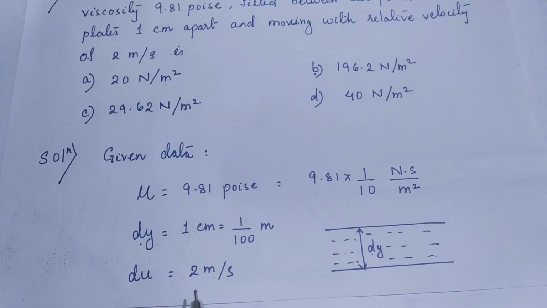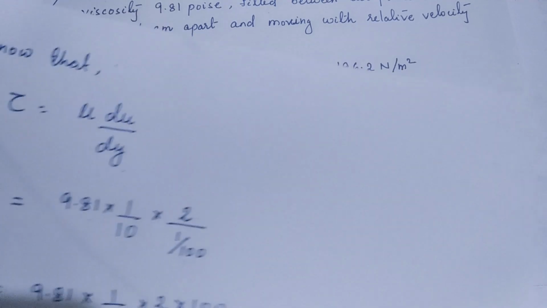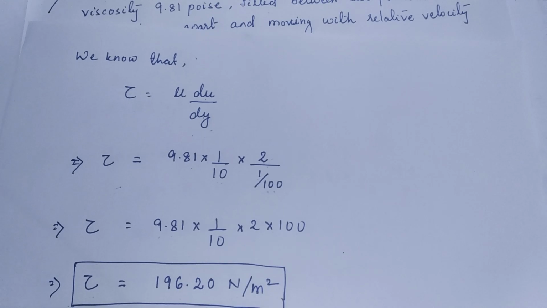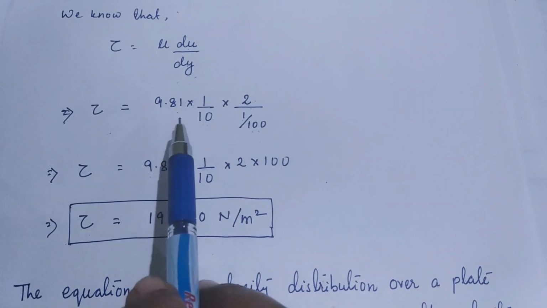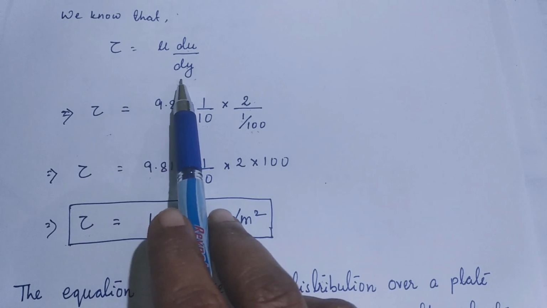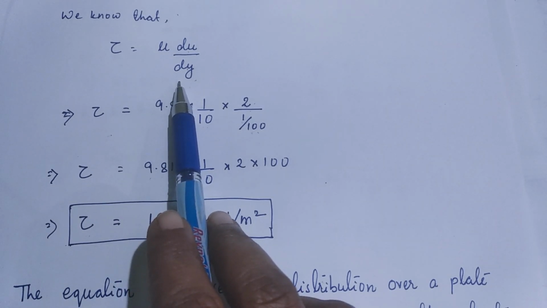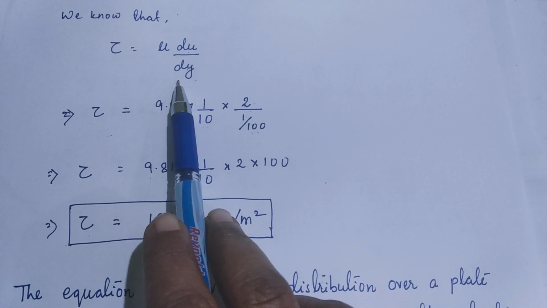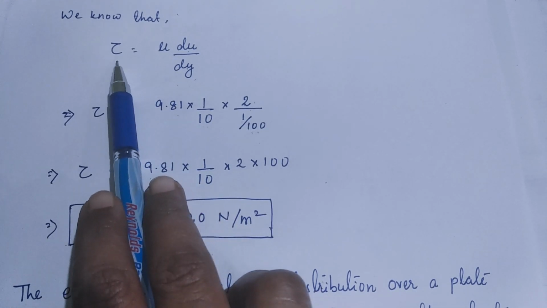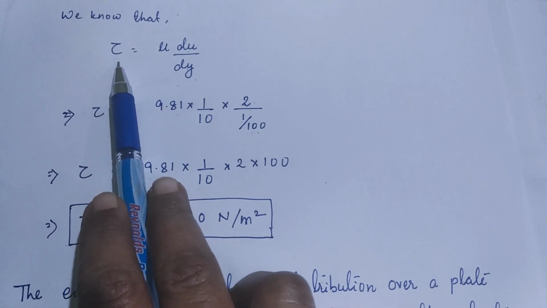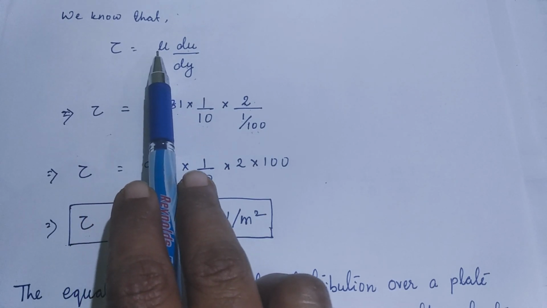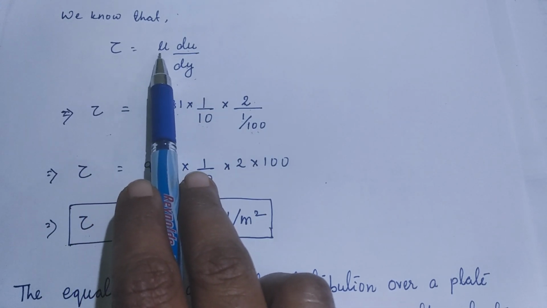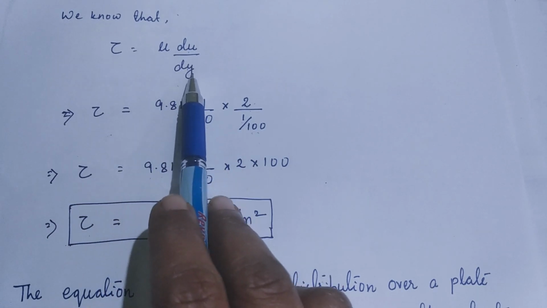We know that tau equal to mu du by dy. So this is the mathematical expression of Newton's law of viscosity. From this expression we find out the magnitude of shear stress, that is tau. In this equation we substitute the values of mu, du and dy.